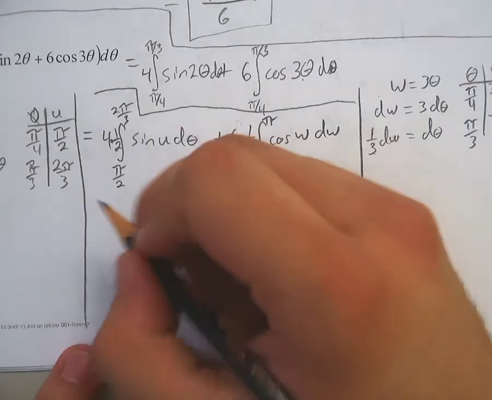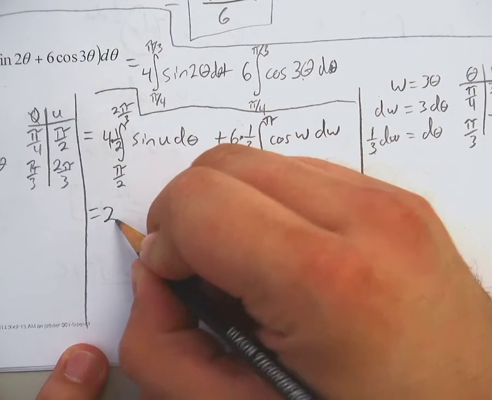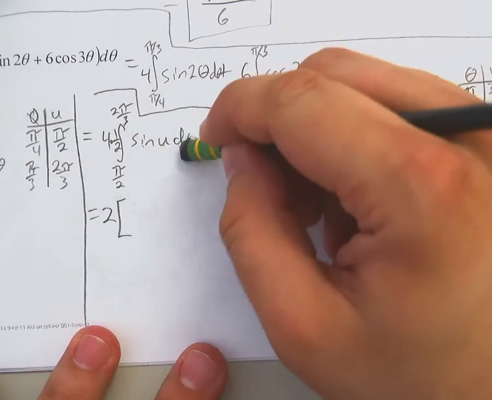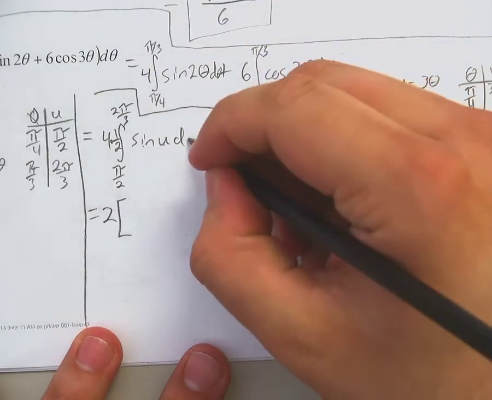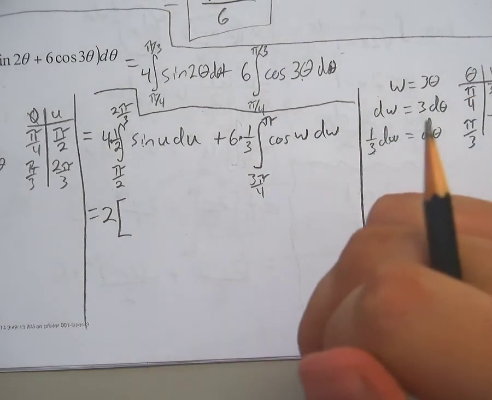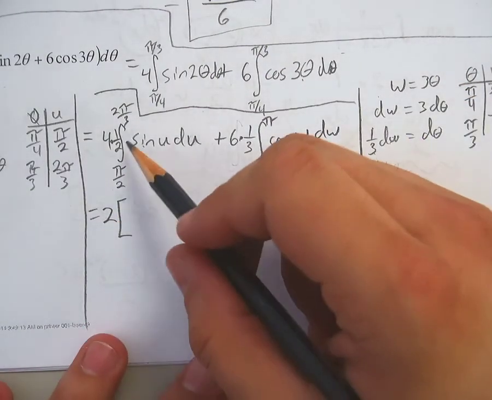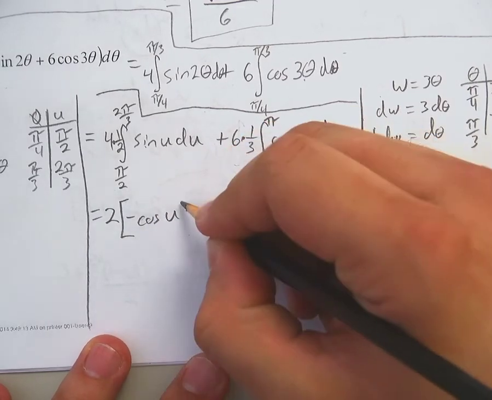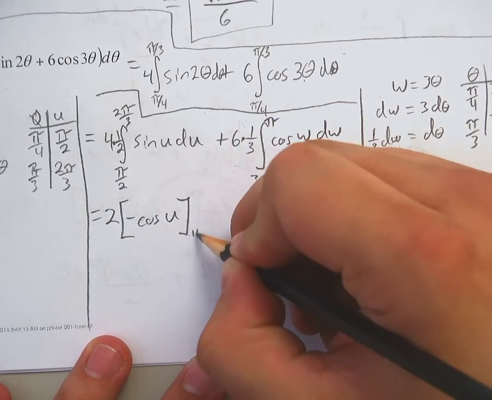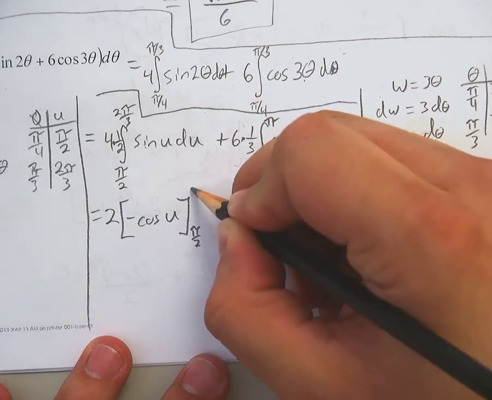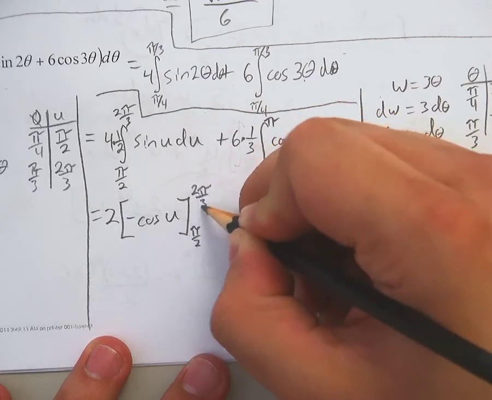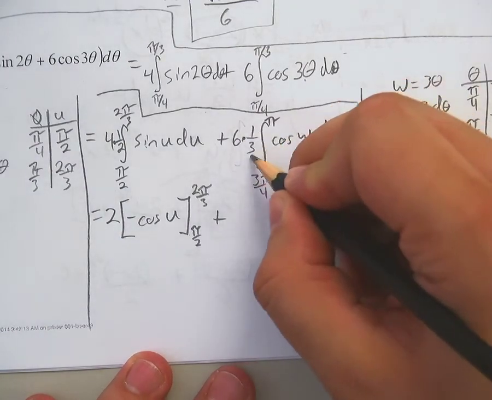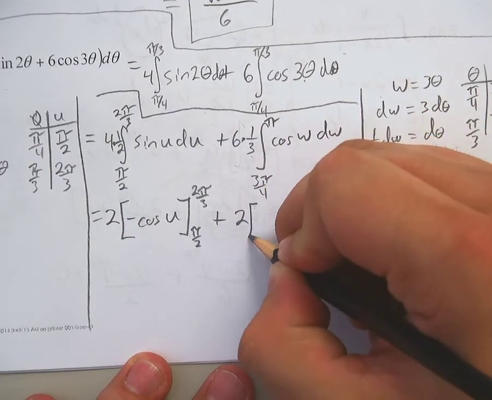Okay, so let's simplify this a little bit. 4 times 1/2 is 2, and let's evaluate the sine of u, and this is d theta. I did d theta again, and I meant du. People are screaming, I know. So the integral of sine of u is negative cosine of u, and that's evaluated from pi over 2 to 2 pi over 3, plus 6 times 1/3 is 2.